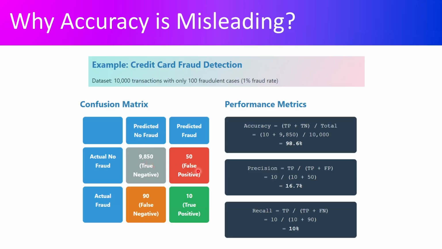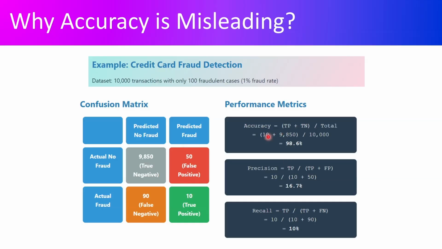Your false positives are not fraud transactions, but our model predicted them to be fraud. Next are false negatives. These are actually fraud transactions, but our model predicted not fraud. And finally, the true positives. These are fraud transactions and our model also predicted them as fraud.